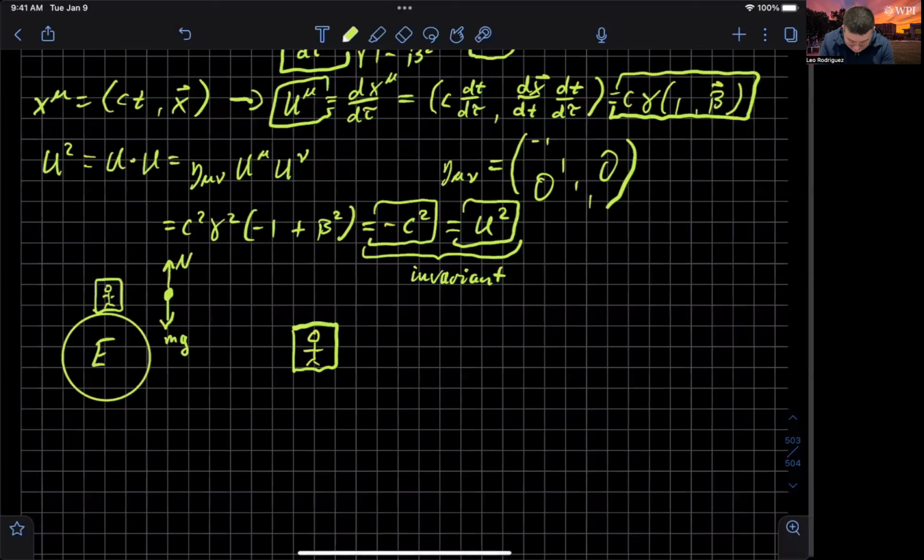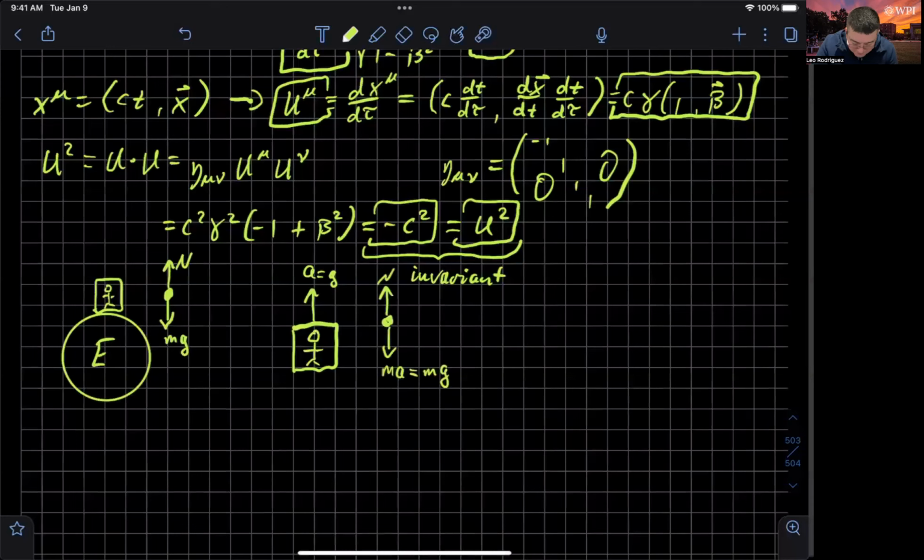And now instead of being on the Earth, we're just going to accelerate the box at the same value of the gravitational constant g in free space, right? So here you're on Earth, and here you're in free space, and the free body diagram should look the same. For this person, there's again going to be a normal force due to the box, and then a force of m times a, which is mg this time, because it's the same value.